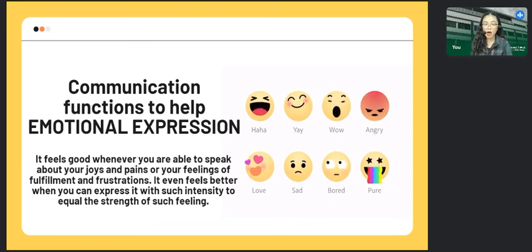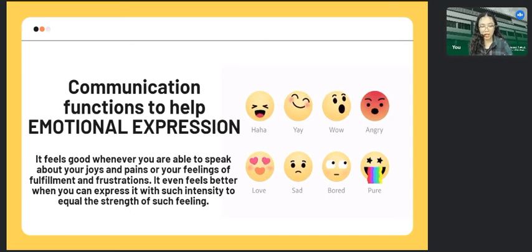So that's for the fourth function of communication. It is also very important for you to express your feelings, not only to the people para malaman nila kung ano yung nararamdaman mo, but also for yourself to lighten your burden.